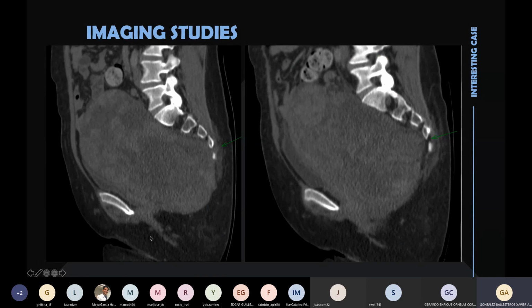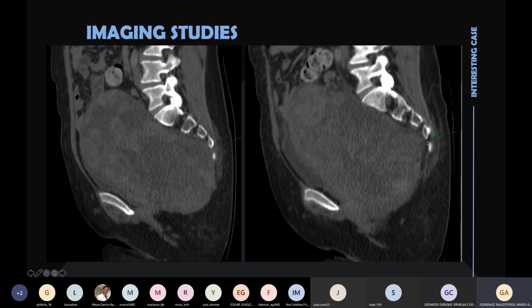I have some additional images of our patient to try to narrow our possibilities. As we can see, it is a presacral mass. It's really close to the sacrum, but comparing the left and the right side, we can see here this sacral foramen is occupied and a little bit widened, whereas this one is normal with only fat content.